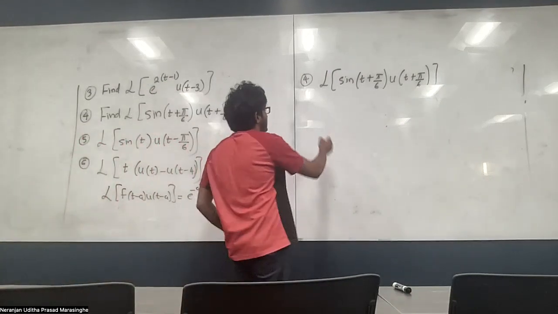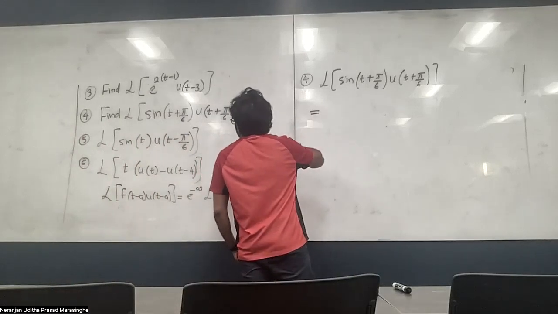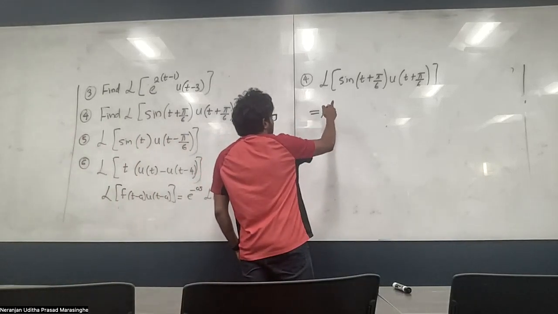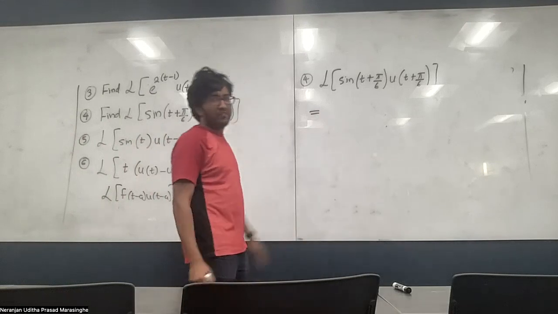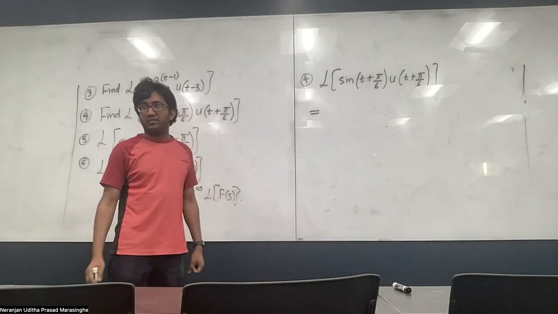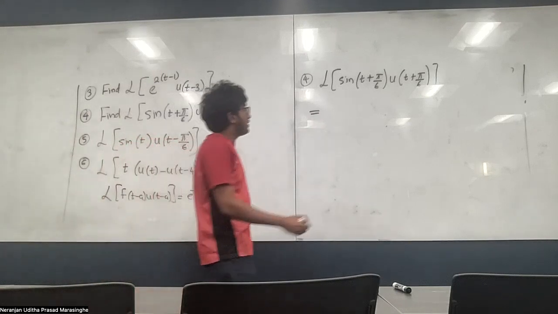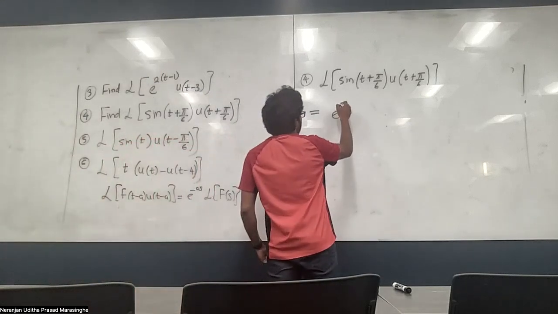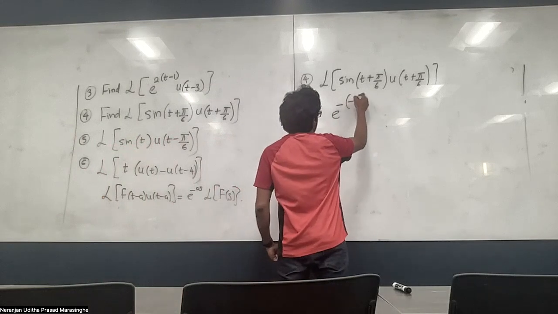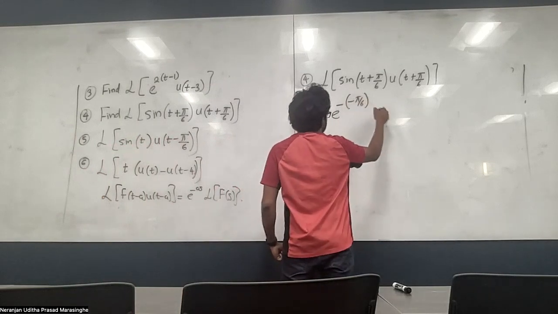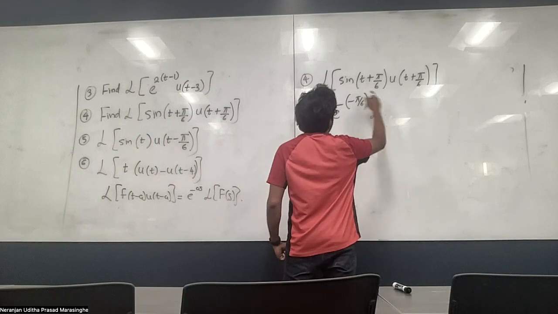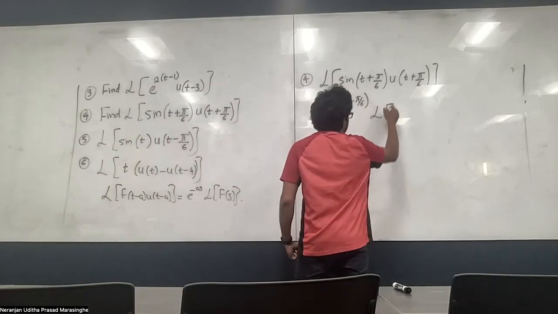So how do you find this? Instead of a, what would you have in this problem? Negative pi over 6, right? So the Laplace transform is going to be e to the negative pi over 6 s times the Laplace transform of the original function, that is sine t.